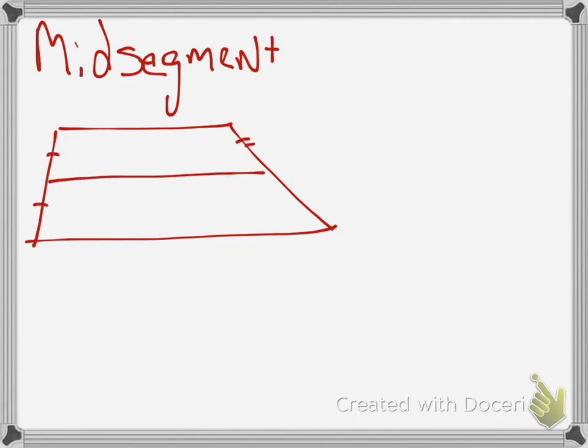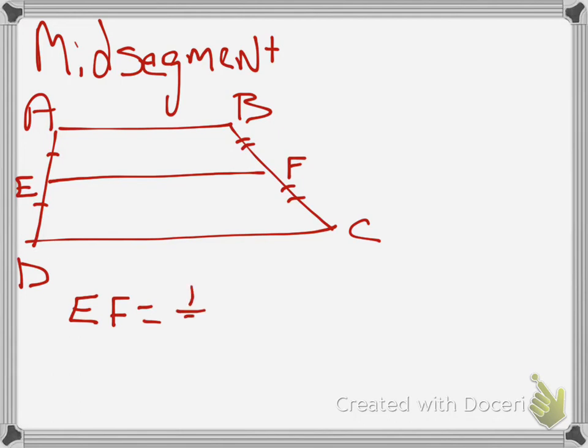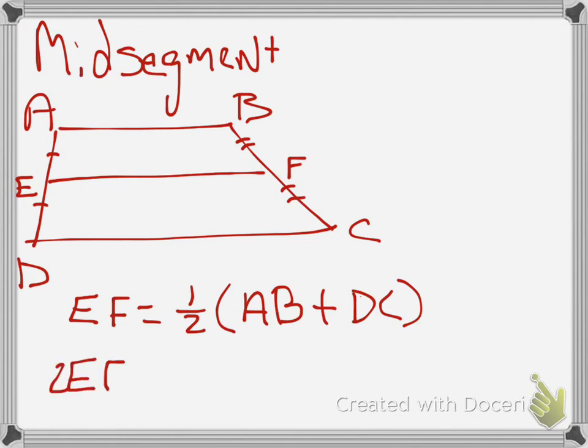This would be equal, this would be equal, and if I say A, B, C, D, E, F, EF is equal to 1/2 of AB plus CD, or DC, okay? Or I could say 2 times EF is equal to AB plus DC.